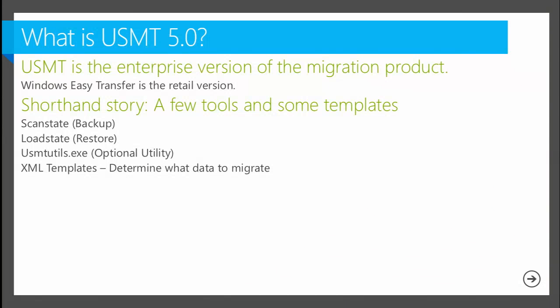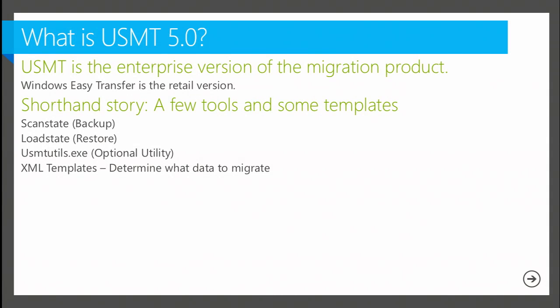So we have the tools, the exe files, and then we have templates. The templates simply control what's being migrated. Some customers have a template that will do one thing: they will migrate Outlook settings and ODBC connections in the Control Panel. That's it.